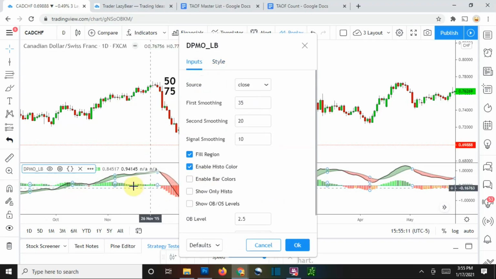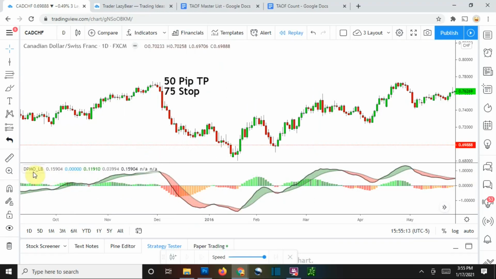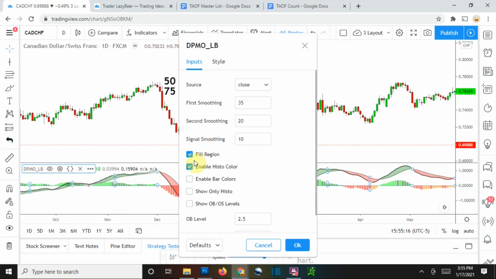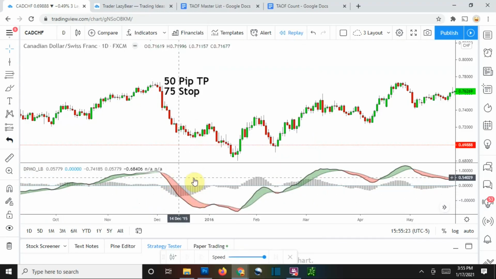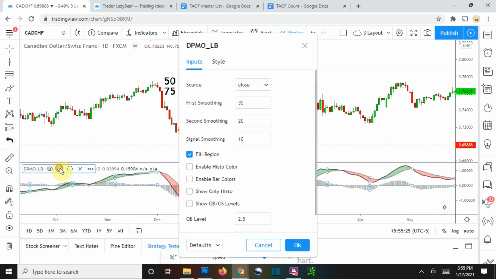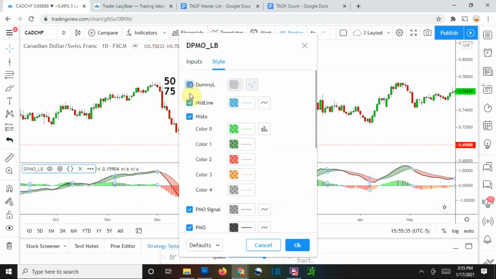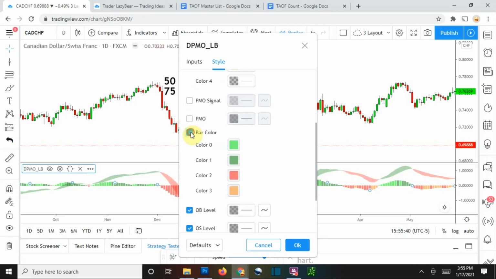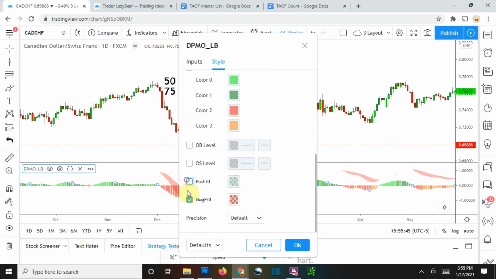You can go in, and I actually turned up the color opacity of the histogram. The indicator in its default setting, I believe, looks like this, where it doesn't color the histogram. So you have to go in and enable the histogram, and then you can turn off the main color lines.